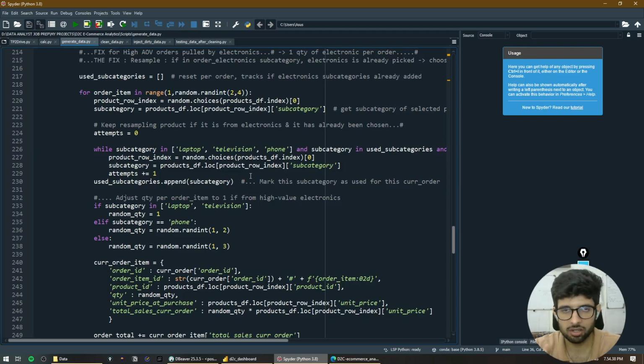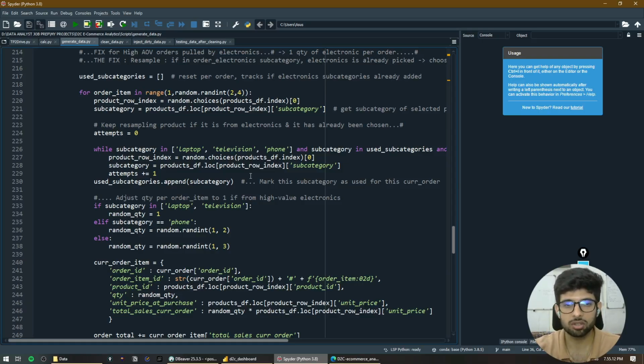For orders, there is an order items table. So I have made the data so that in the electronics category, especially laptop, television, and phone, no one can order two televisions or two laptops together. I mean, they can, but it was pushing order AOV to extreme ranges. That is, one AOV of an order is 10,000 and one is 2,50,000, which is not possible for a realistic D2C brand.